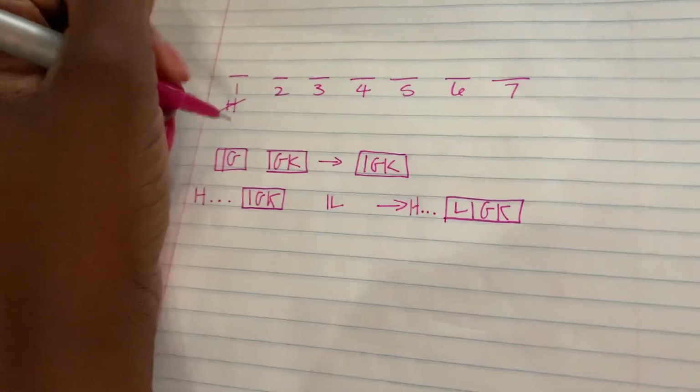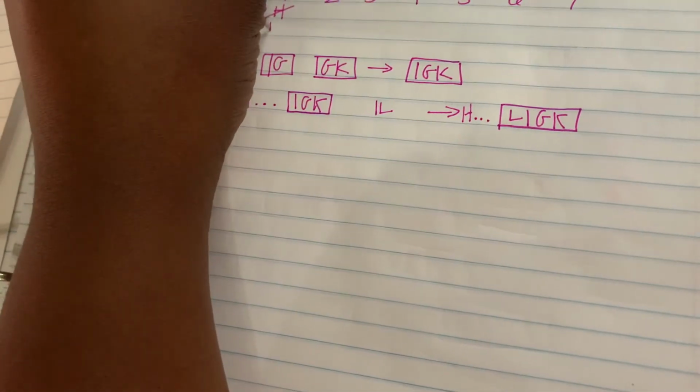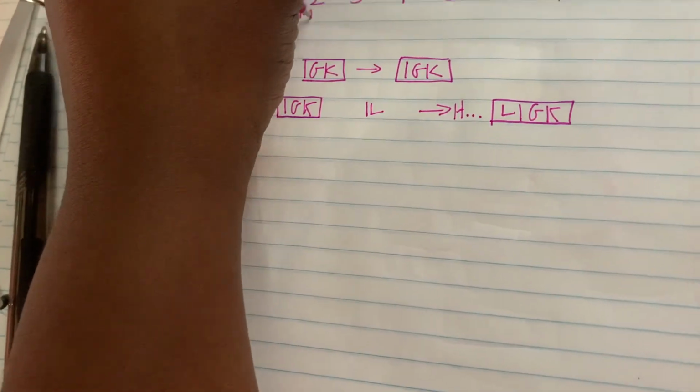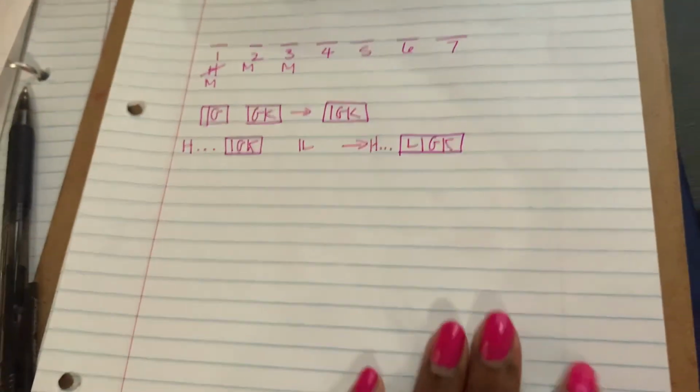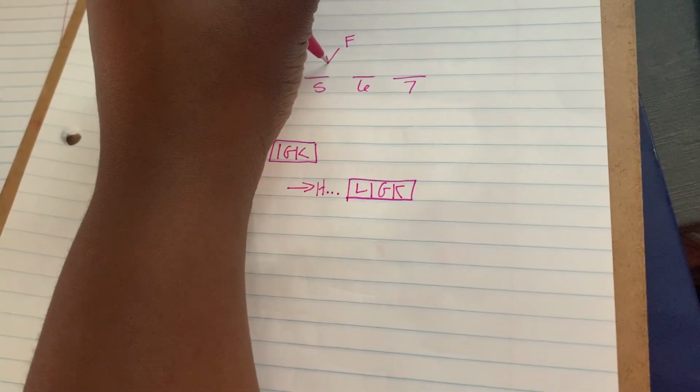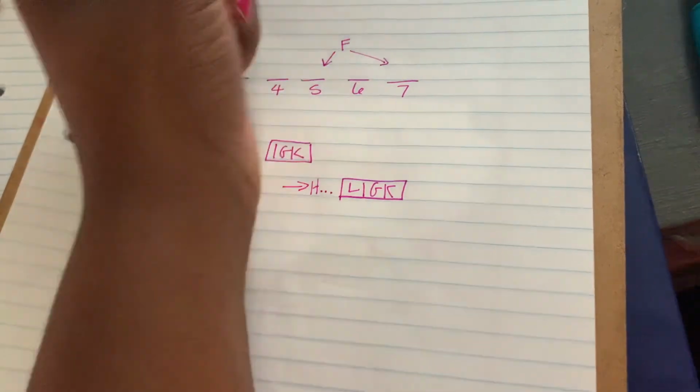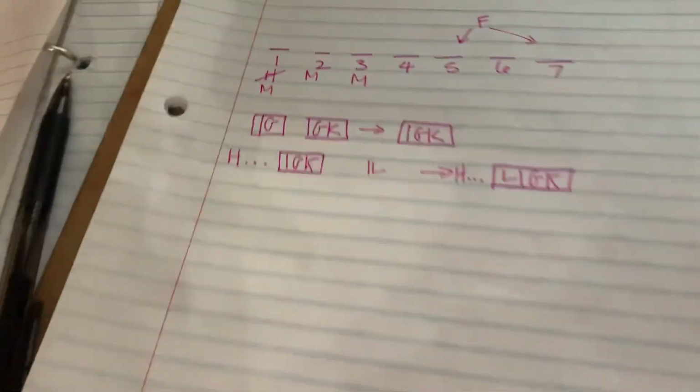Okay, and the last thing is M must be one of the first three. So I'm going to correct my mistake that I did last time. So M is 1, 2, or 3 there. And then F must be either 5th or 7th. Okay. Y'all.